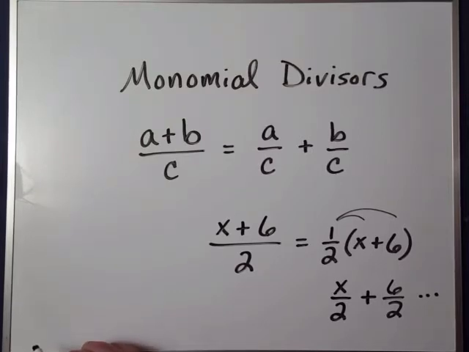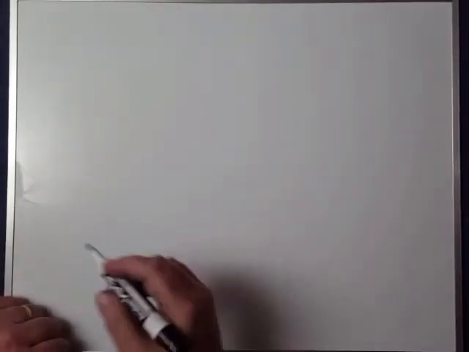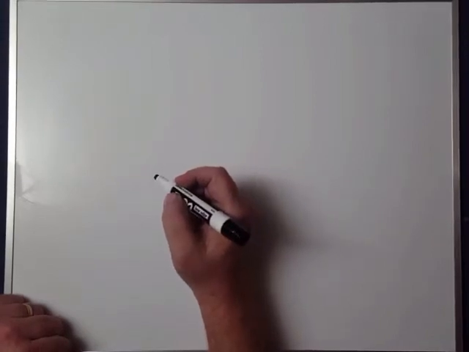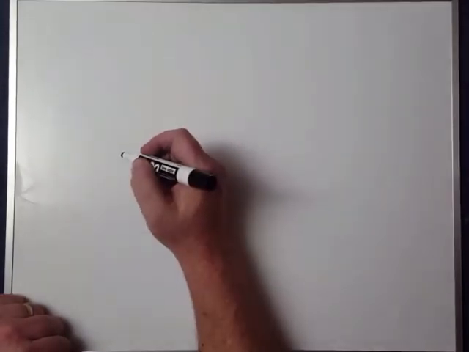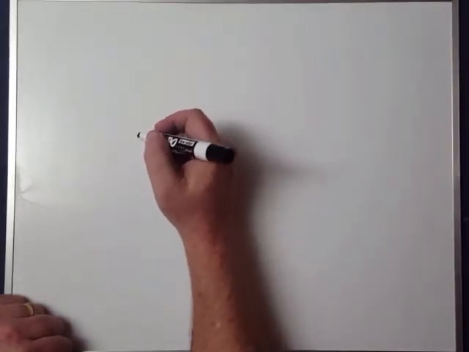To divide a polynomial by a monomial, divide each term of the polynomial by that monomial. So that's all there is to monomial divisors. This is the easy part. Here at the end, I'm going to comment on what we're up against next in the rest of 4.7. But let's focus on these monomial divisors.